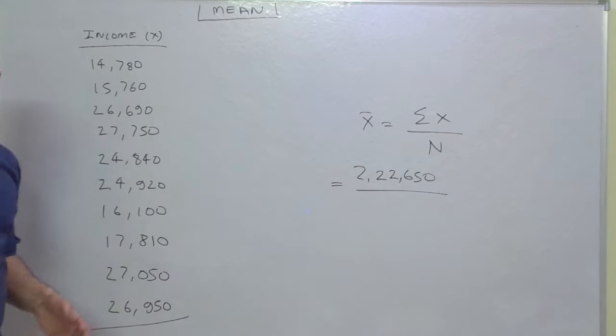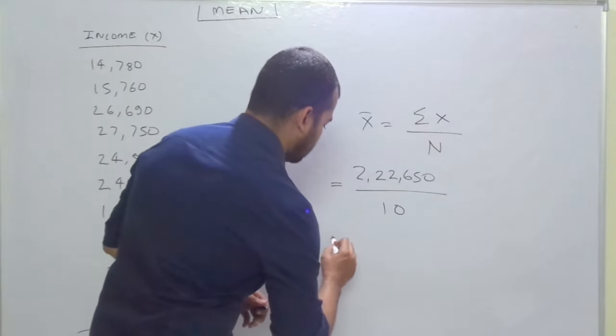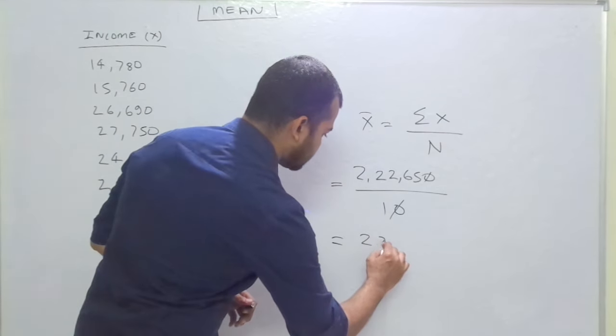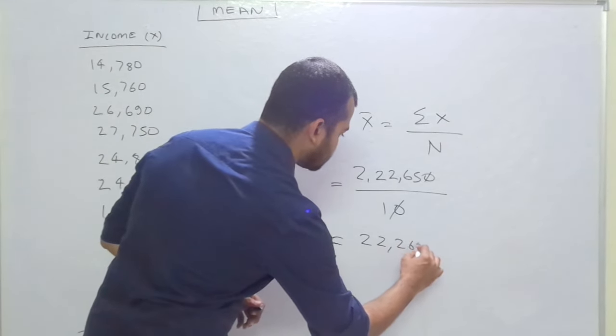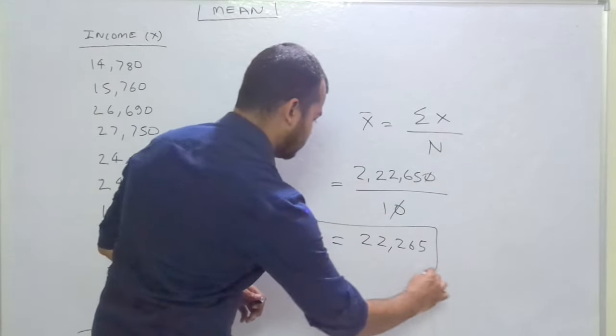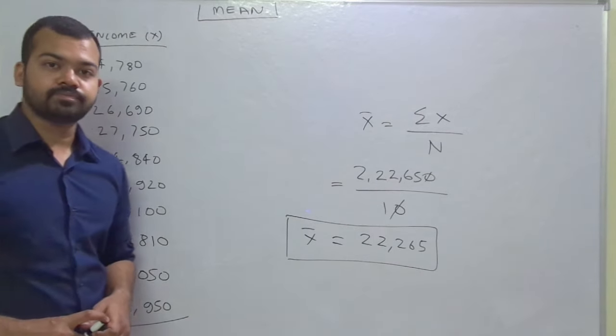So in the denominator you write 10. Now you cancel 0 by 0, so the answer comes out as 22,265. This is your mean, the final answer with the direct method.